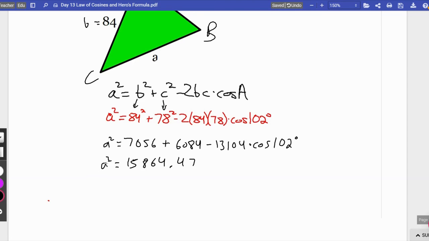Last step is that A squared is what you found, so we should square root that. I left all the digits in my calculator already, so if you chopped it off right there, you might get something slightly different, but not much. And then A is not squared. A is just, I'll round up, 126.